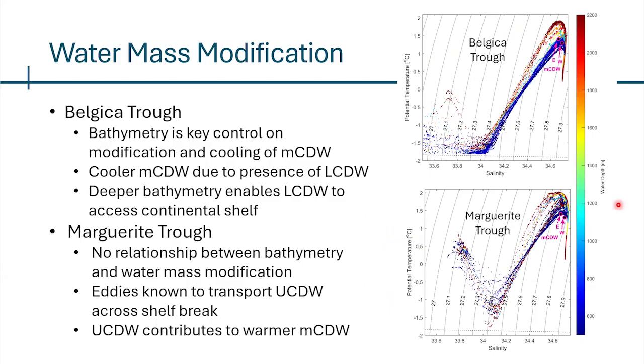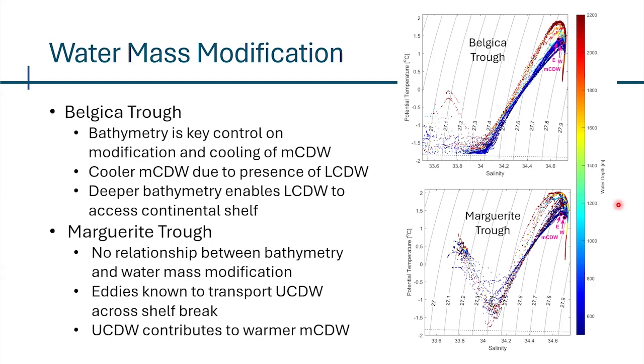At Belgica Trough, which is in the top panel, it's all color-coded according to depth of the bathymetry at each station. You can see quite a clear separation: in the deeper water, you see really unmodified CDW, which is gradually cooled and modified as the bathymetry shoals. So it's quite clear that bathymetry is an important control on the modification of circumpolar deep water here.